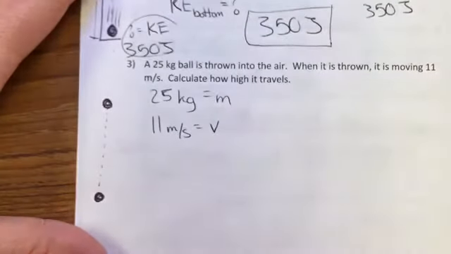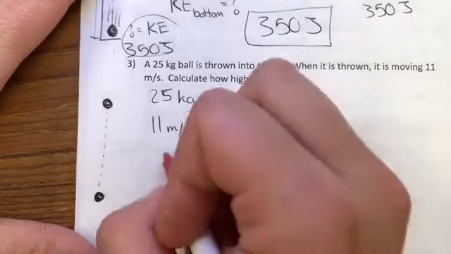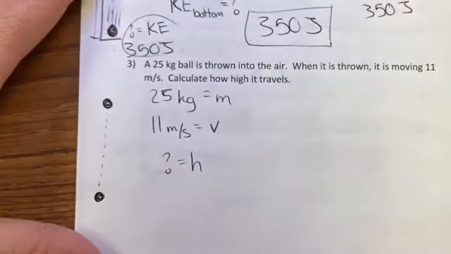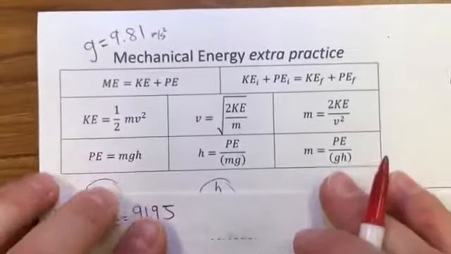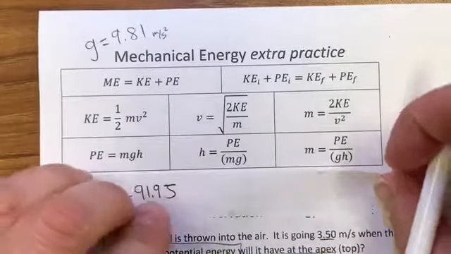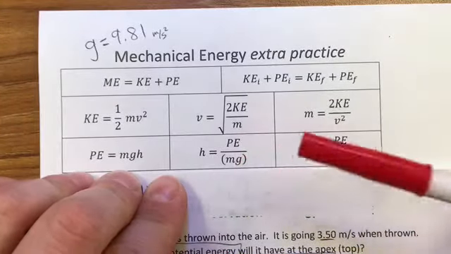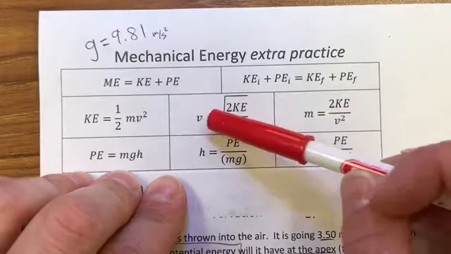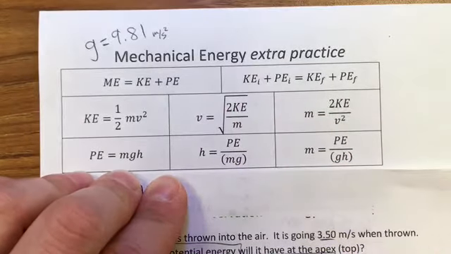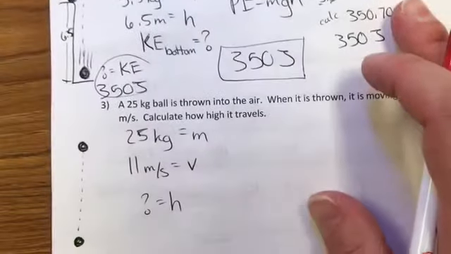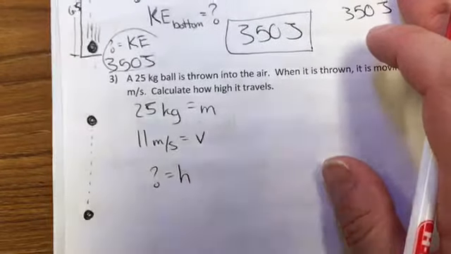I have mass and I have velocity. The question is asking for height. If you take a look at your formulas, there's the height with potential energy, mass and gravity, and there's the velocity with kinetic and mass. You're going to have to understand what's going on.